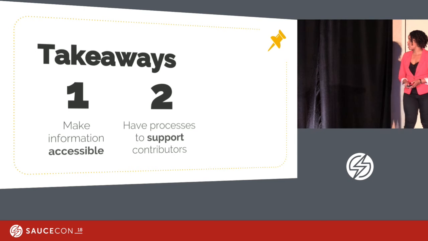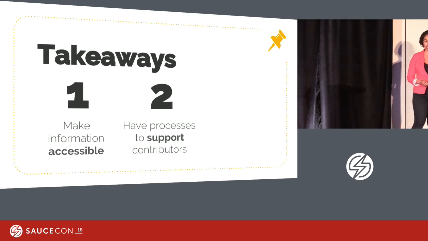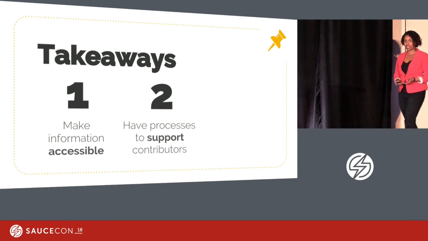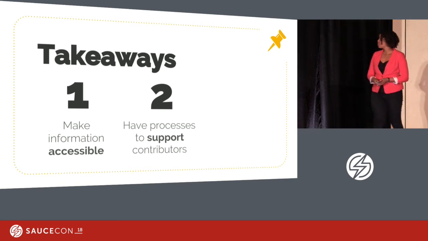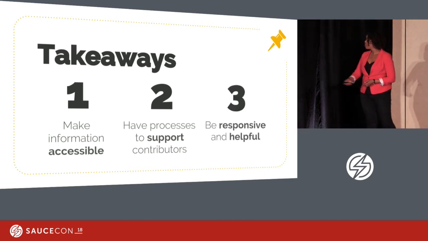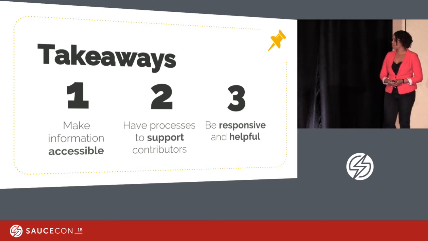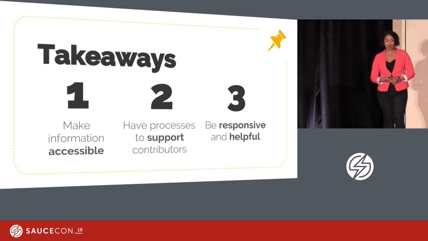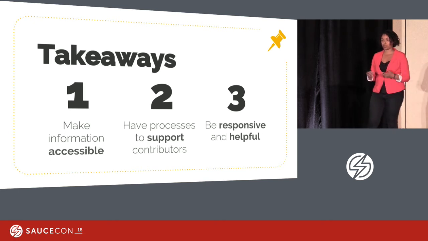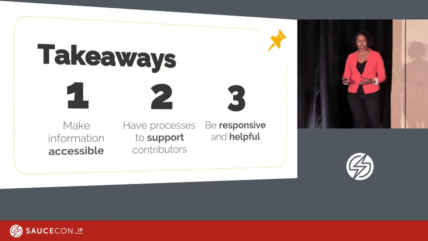Number two, have processes to support contributors in place and make sure to follow these processes in order to maintain and ensure quality. And third, it's important to be responsive and helpful. I think in order to build a strong community of people who enjoy working and using your product, we have to make sure to work with the community and build that rapport there.